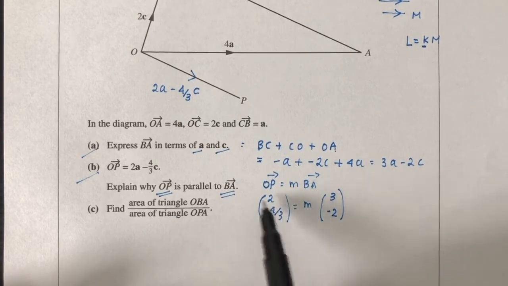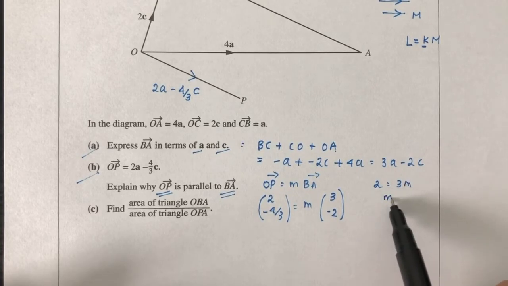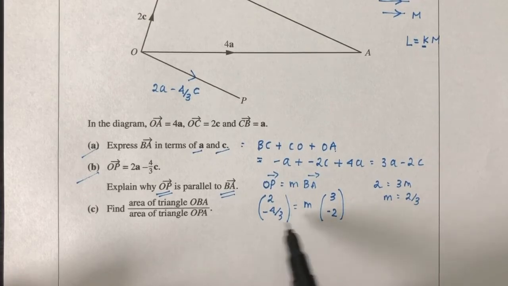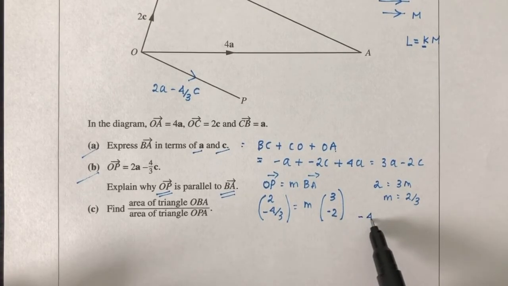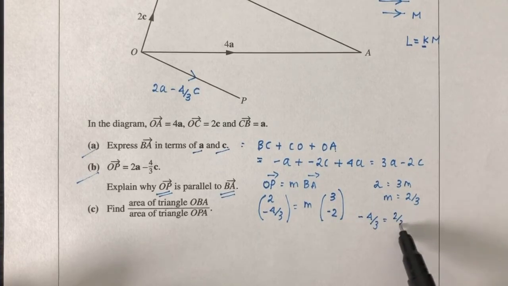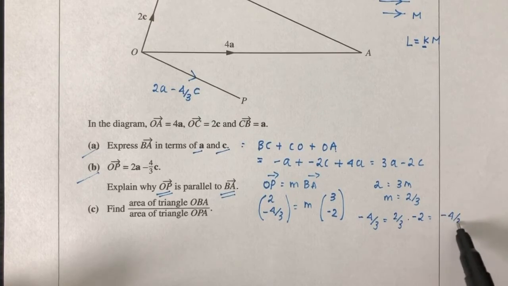So for the first line we have 2 equal to 3M, M equal to 2 over 3. Now we have to replace this value of M here to see if it is good or not. So here we have minus 4 over 3 equal to M, which is 2 over 3 times minus 2, which is equal to minus 4 over 3.